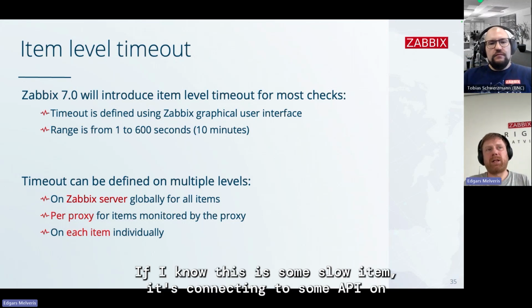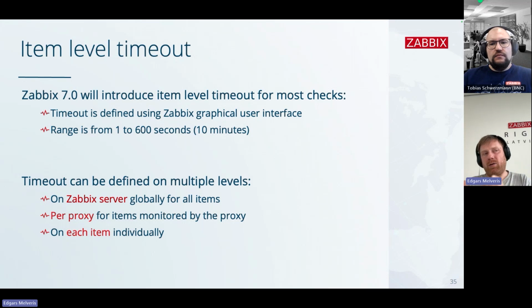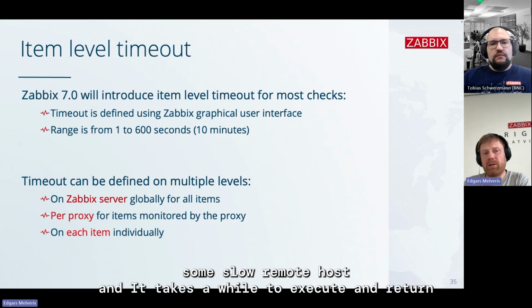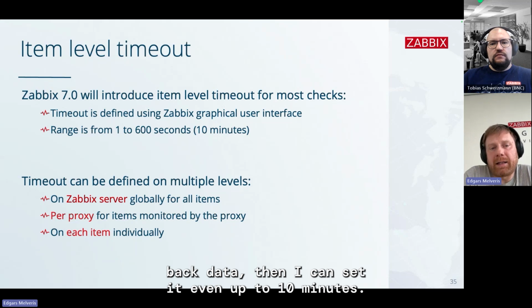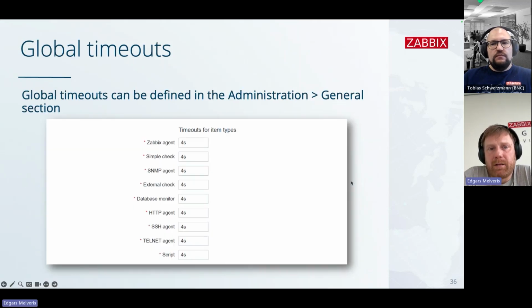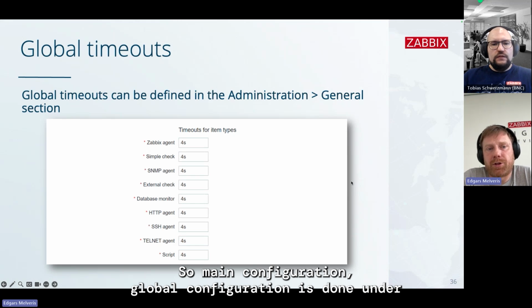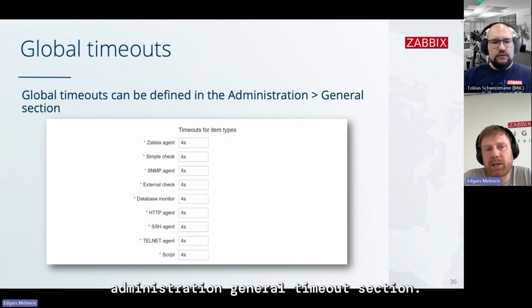So if I know this is some kind of slow item, connecting to some API on some slow remote host and it takes a while to execute and return data, then I can set it even up to 10 minutes.